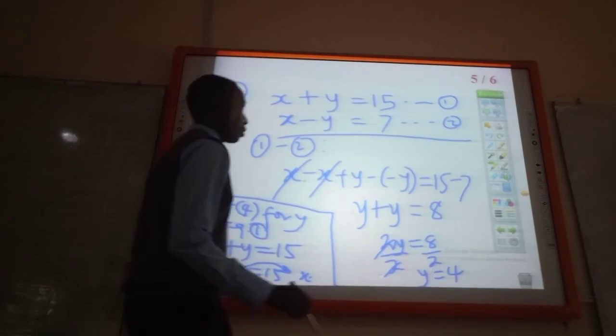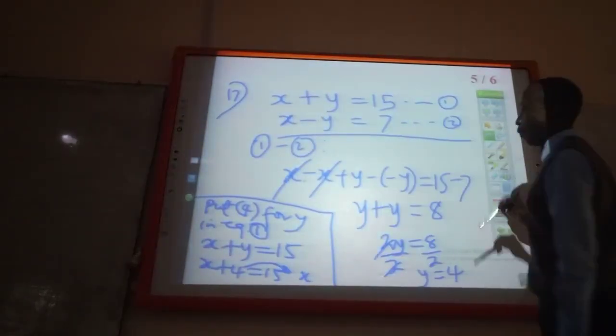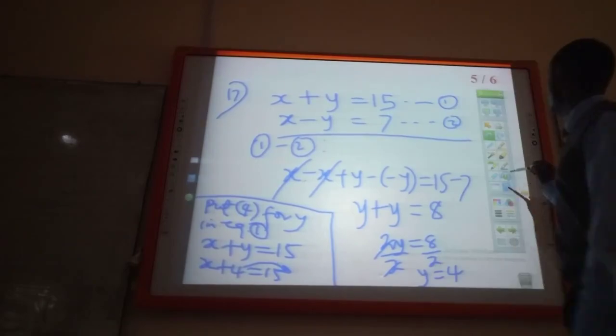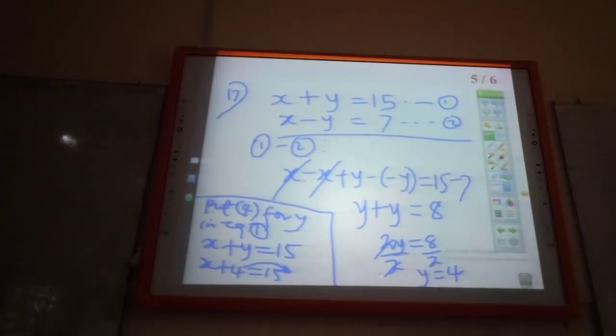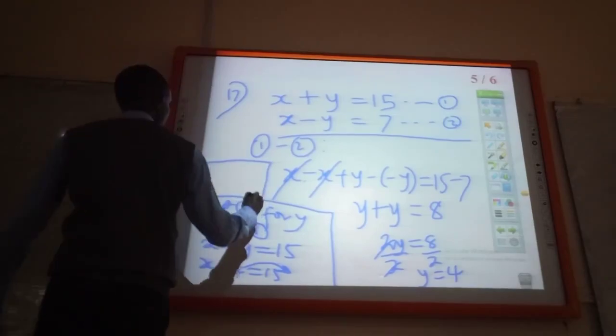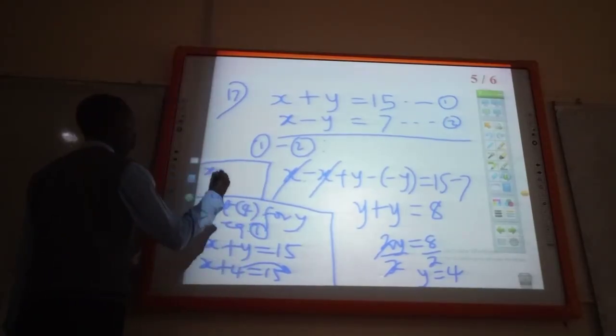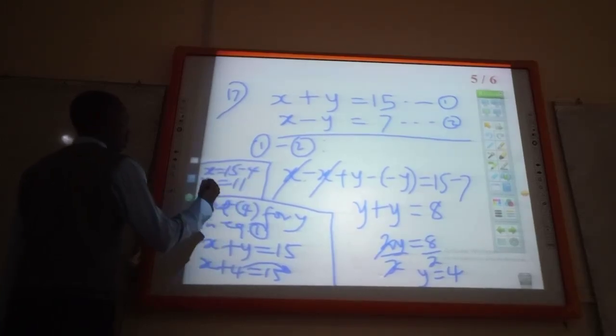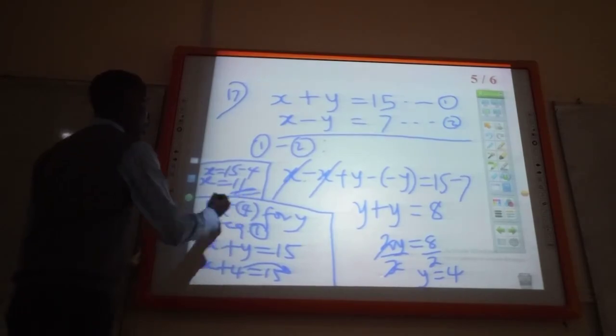I need a space to do that. Okay, let me just hold on. So X will be 15 minus 4, which is 11. Write that fast.